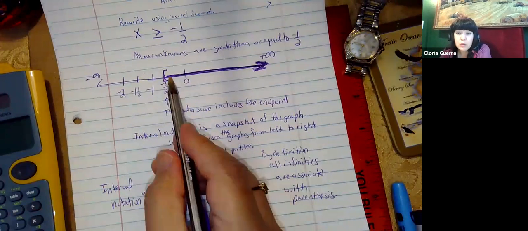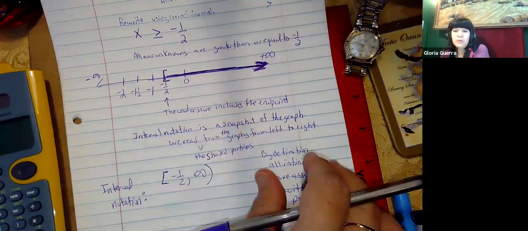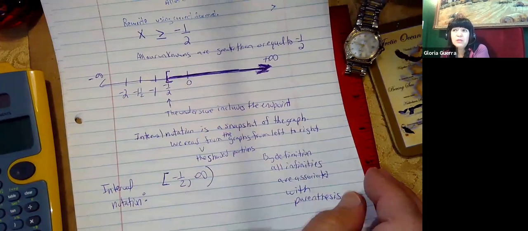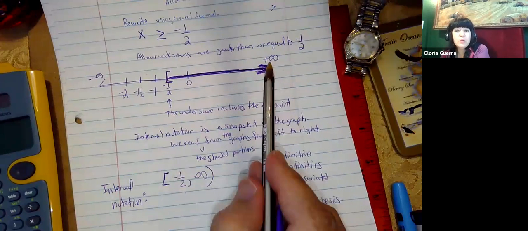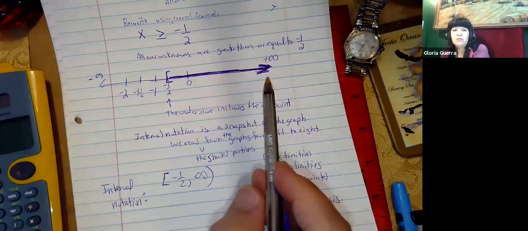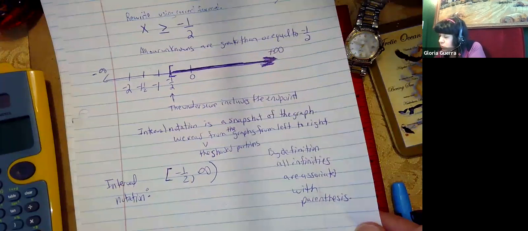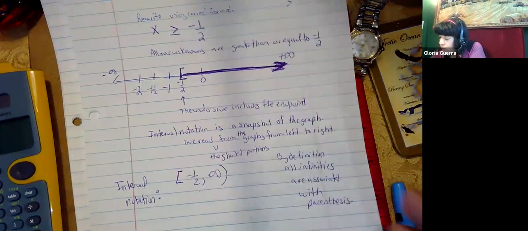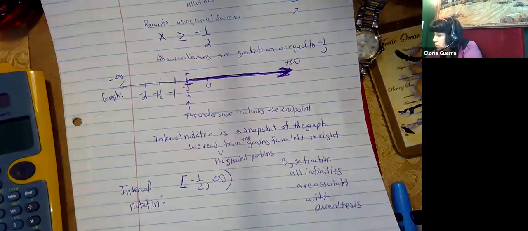That you can include, but you cannot put a bracket on infinity, because a bracket means you actually include that endpoint, and you don't have an endpoint on infinity. So that's 20. Here's your graph, and there's your interval notation.